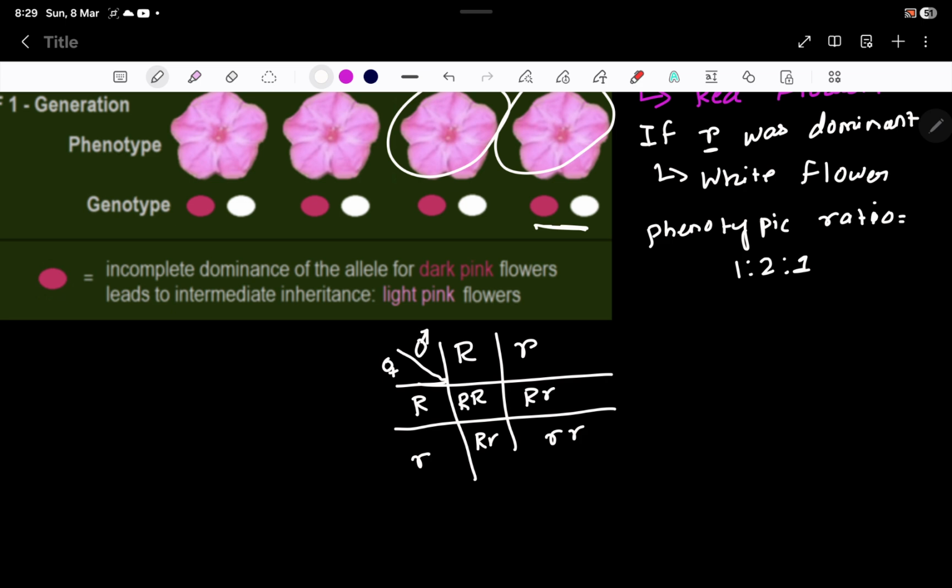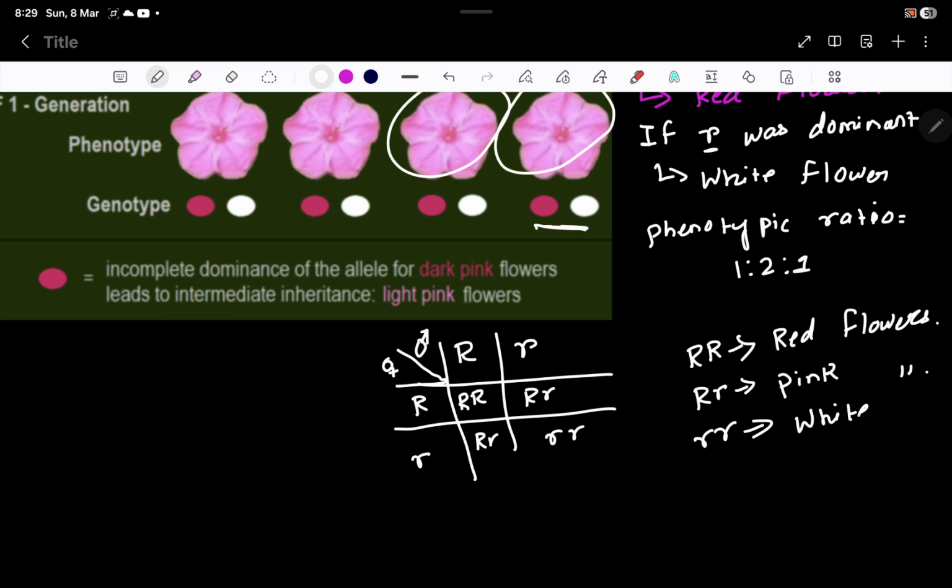Capital R capital R will produce red flowers. Capital R small r will produce pink flowers. And small r small r will produce white flowers. So the phenotypic ratio is 1, 2, and 1 again. That is 1:2:1.